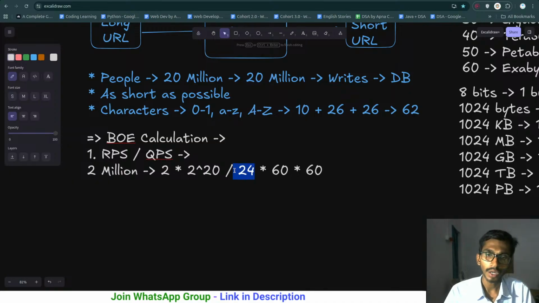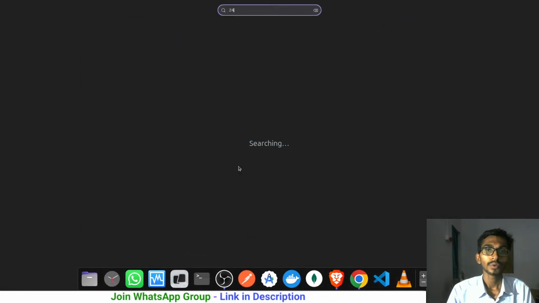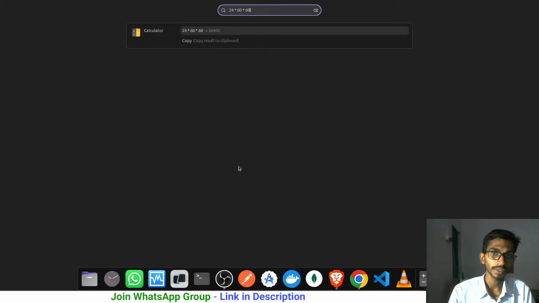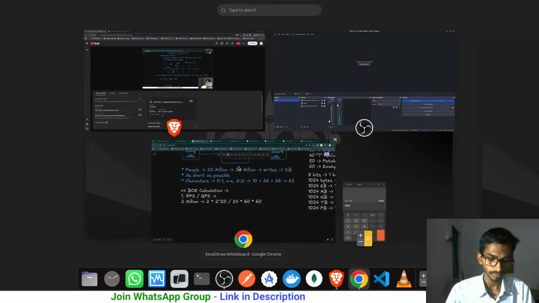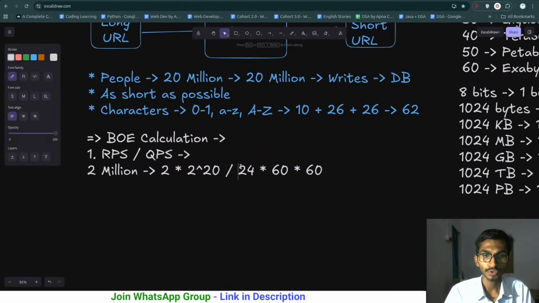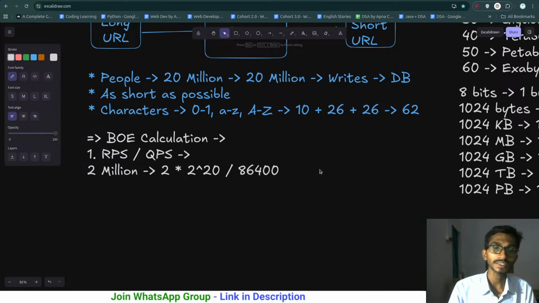There are 24 hours, 24 multiplied by 60 of these many minutes, and 24 multiplied by 60 multiplied by 60 of these many seconds. Calculate them. 24 multiplied by 60 multiplied by 60 is around 86,400. So these many seconds we have in a day.